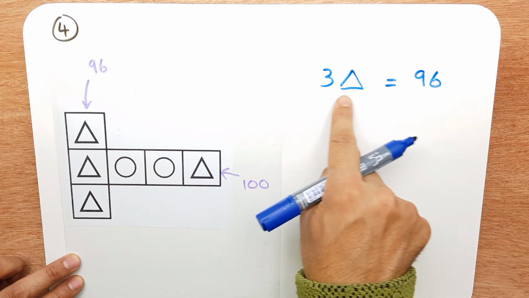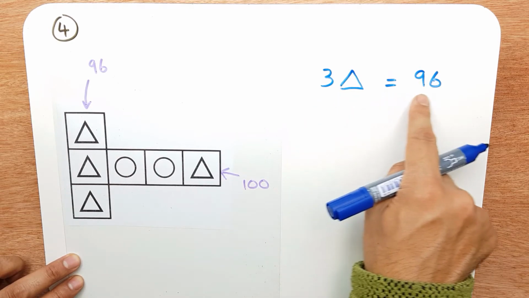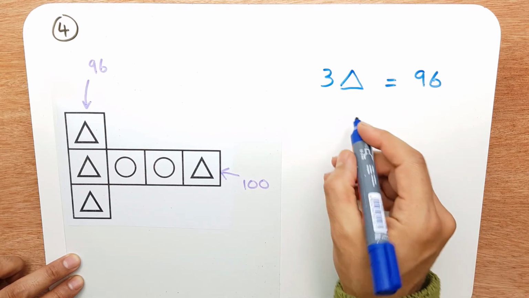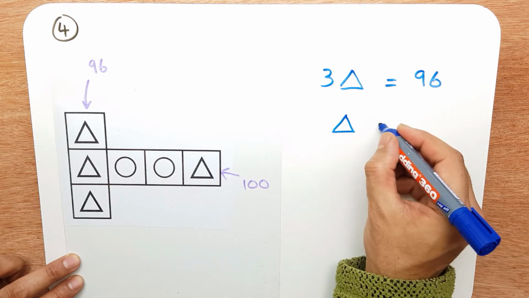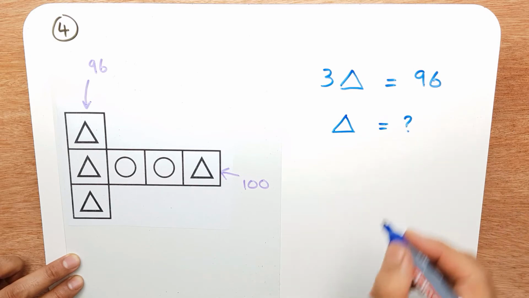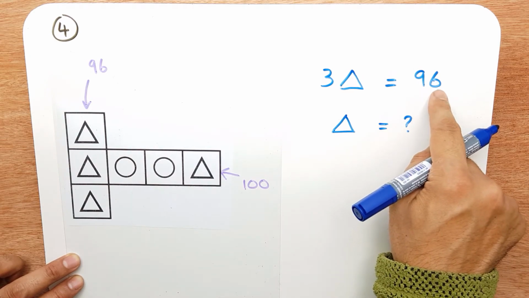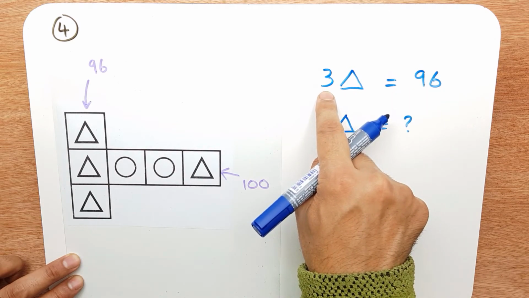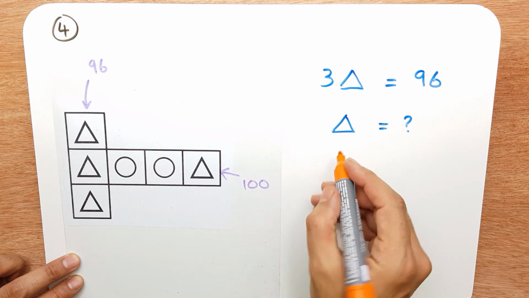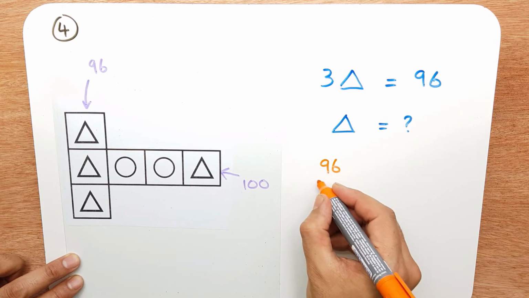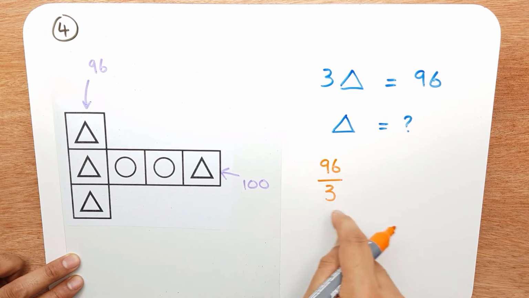Now, if 3 triangles equal 96, we need to work out what one triangle is. And this is straightforward. We do 96 shared by 3. And again, the way I like to do it is 96 shared by 3. So all this is going on in my head.